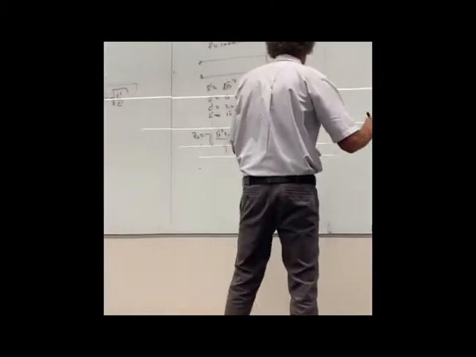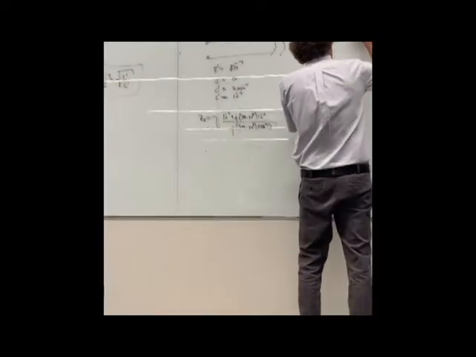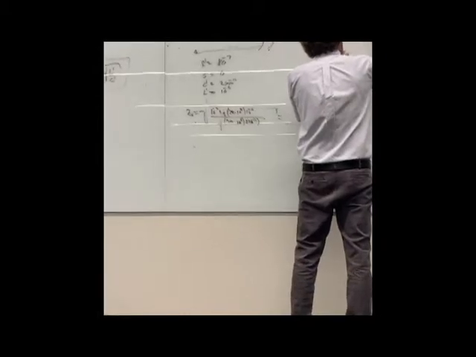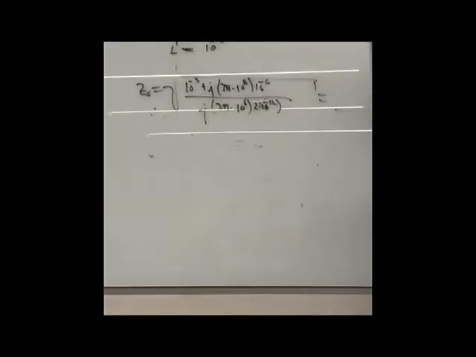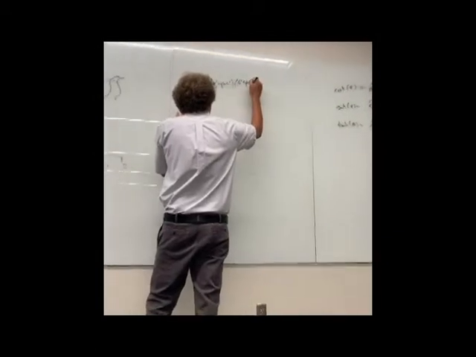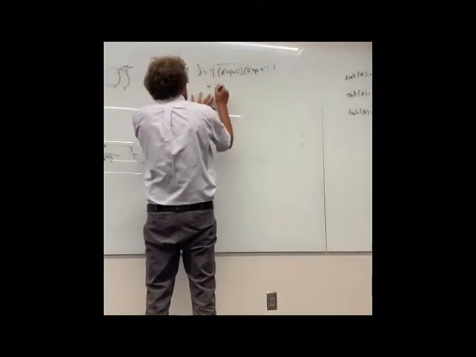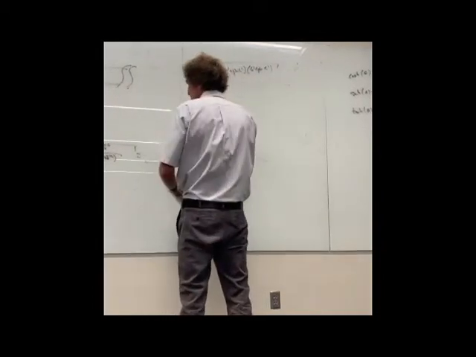That's Z naught. And the gamma, the propagation constant, is the square root of R prime plus J omega L prime times G prime plus J omega C prime. So you can take a look at that and literally just plug those values in.